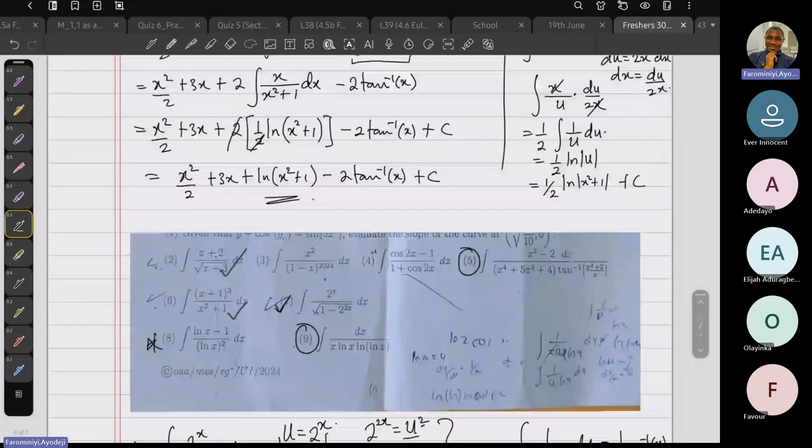So for number 3, it is going to be a u substitution. Let u be equals to 1 minus x. Then you say x is 1 minus u, x squared will be (1 minus u) squared. So the numerator will be (1 minus u) squared.